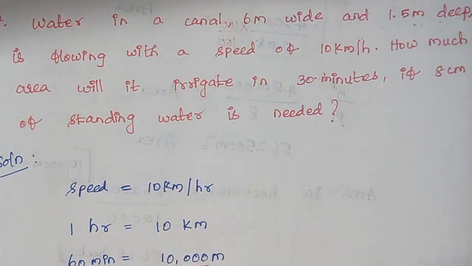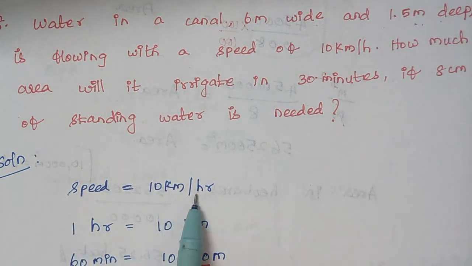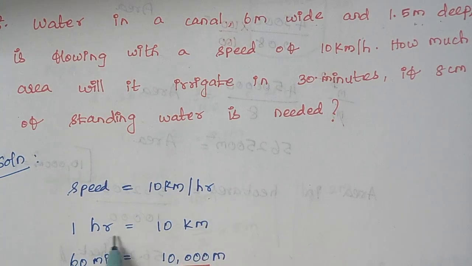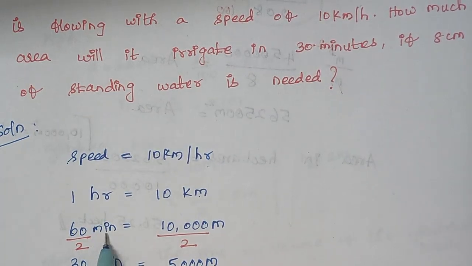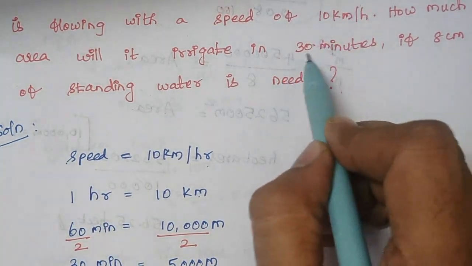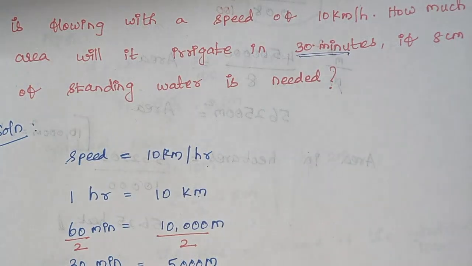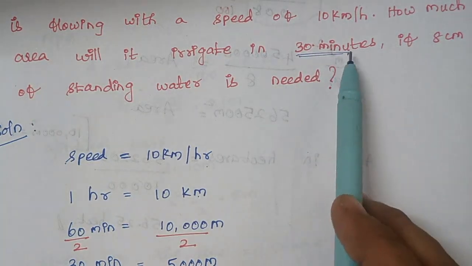Right. So, here first I start our discussion with the speed. The speed is given as 10 km per hour. So, for 1 hour it is 10 km. Therefore, converting this hour to minutes because we need 30 minutes. How much area will it irrigate for 30 minutes?